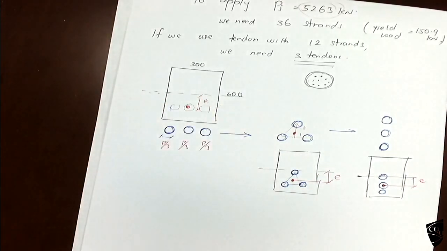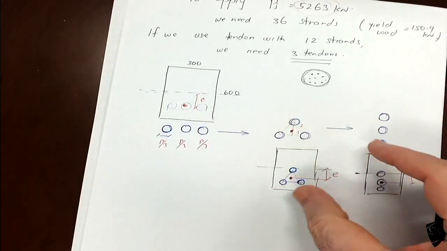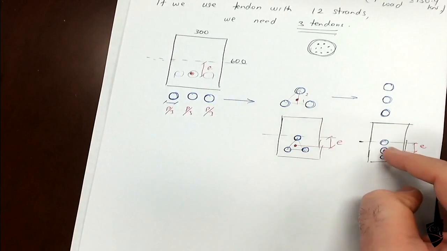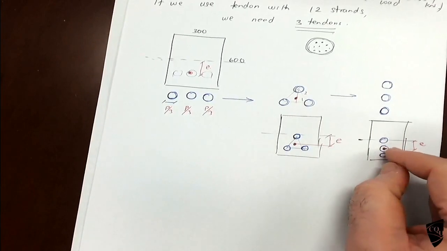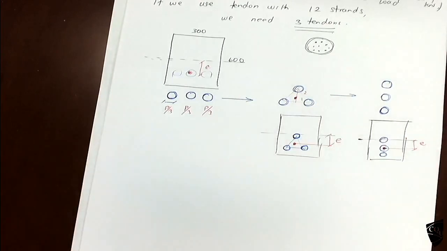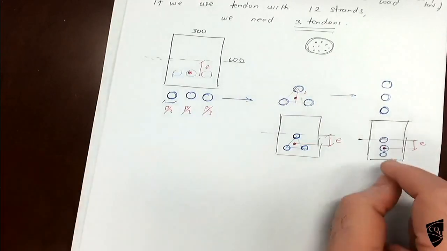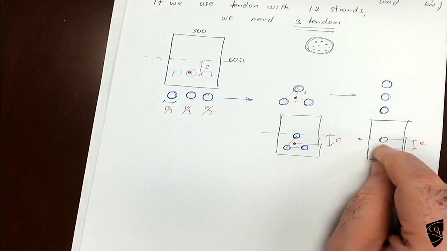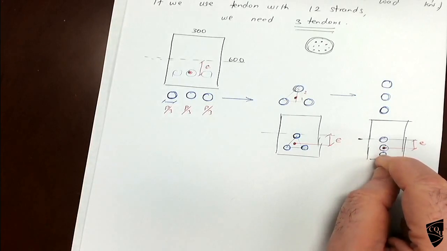When you arrange in different ways, the resultant should come to the eccentric point. In that case, you may need to provide the tendons even below the eccentricity.